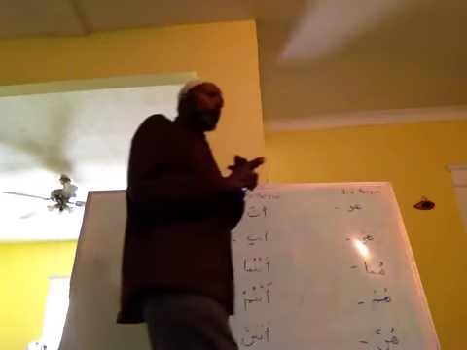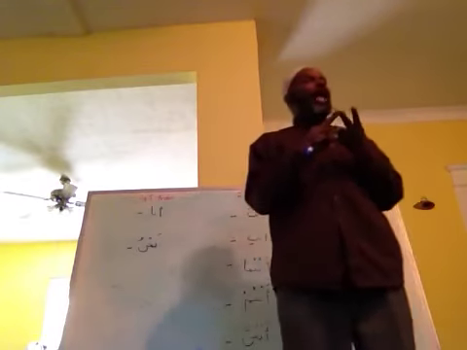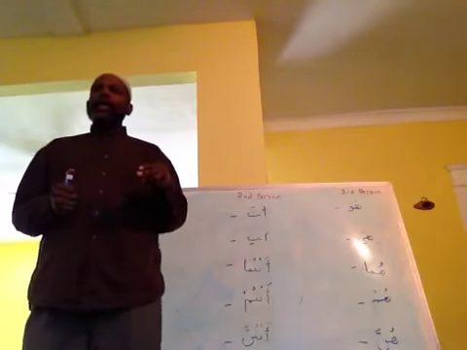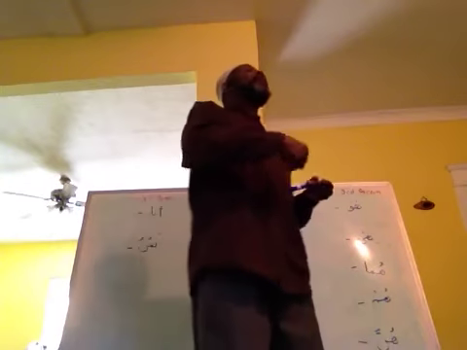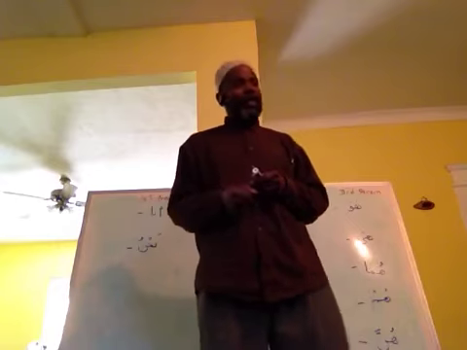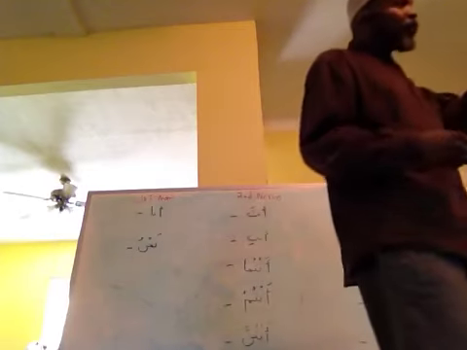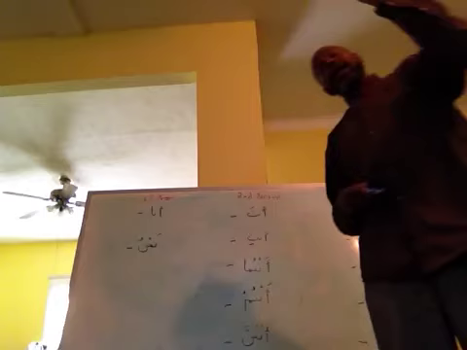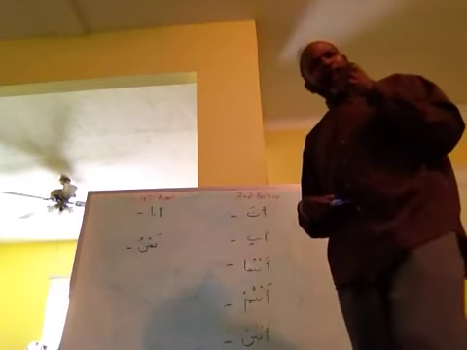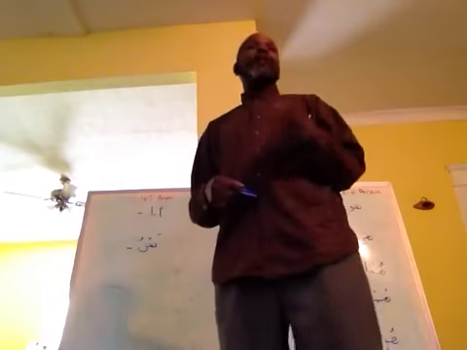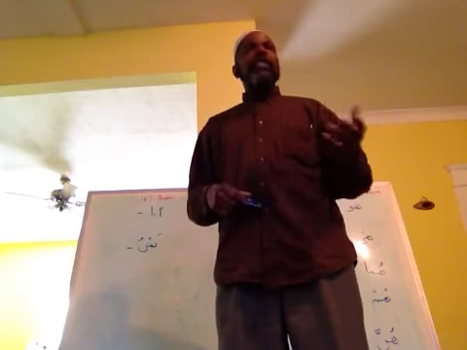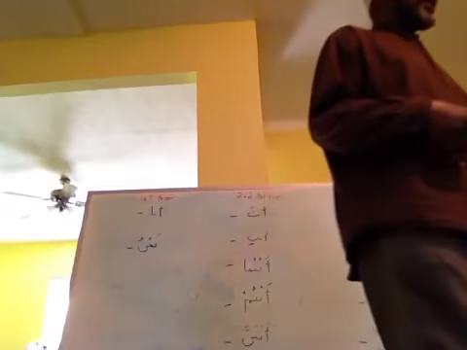When we attach the pronoun to a verb, it's the object of the verb. Let me say that again. When the attached pronoun is attached to a verb, it's the maf'ulun bihi, the object of the verb. It's the recipient.